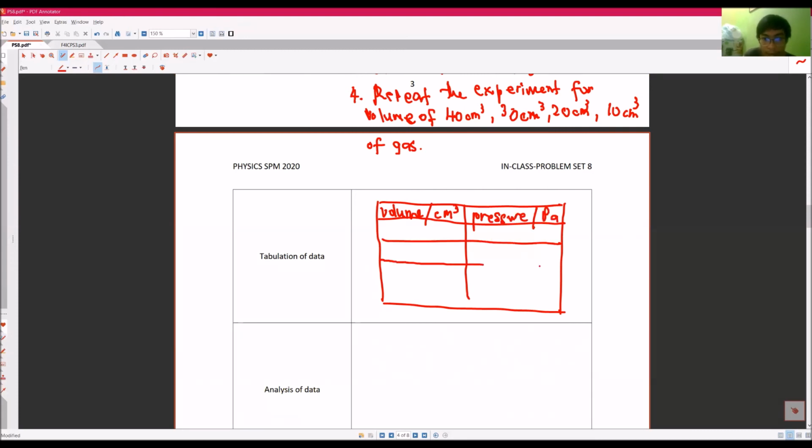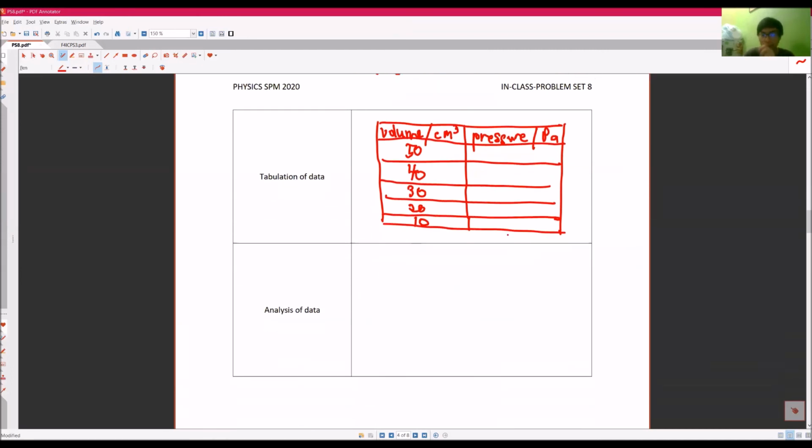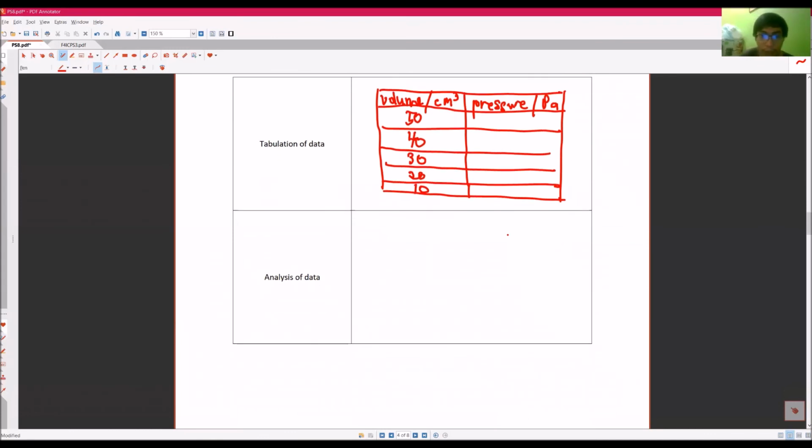So we have 5 data: 50, 40, 30, 20 and 10. It doesn't matter how you arrange it, ascending or descending. At least we list 5 data.